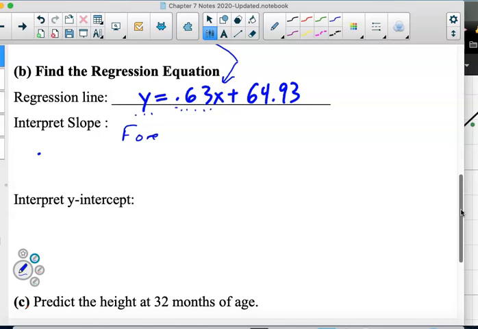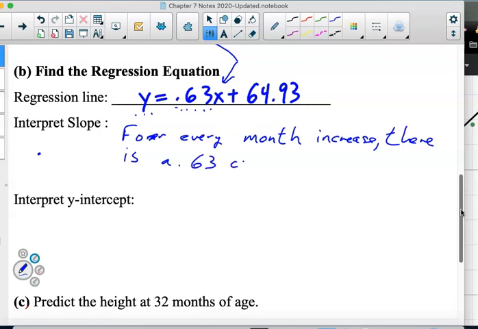For every month increase, there is a 0.63 centimeter increase in height. Okay, so every month I get older, my height goes up by 0.63 centimeters. That's what the slope in this scenario truly means.